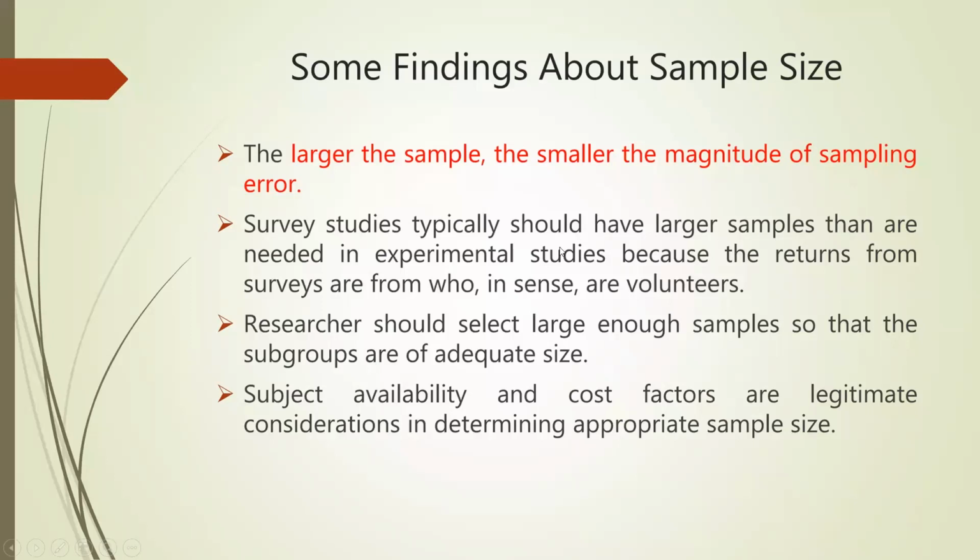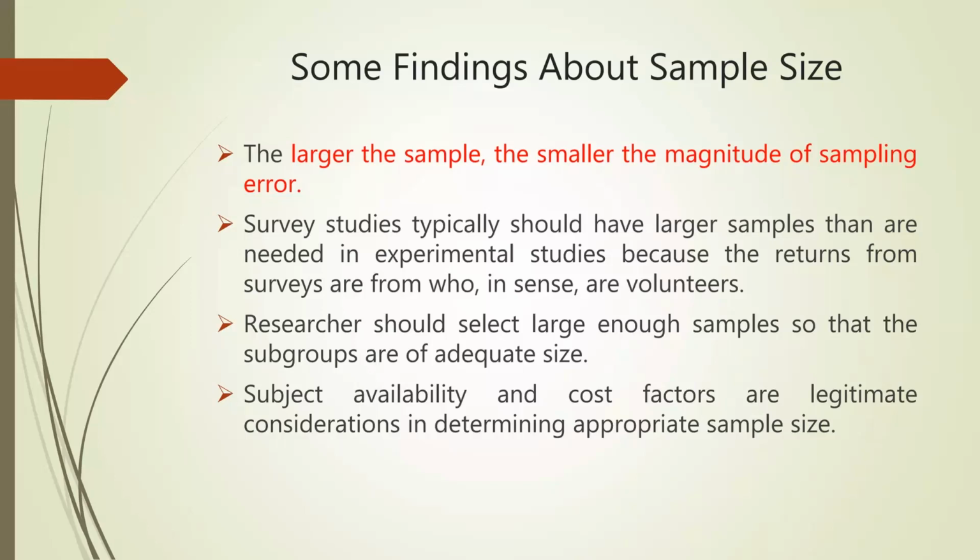Then survey studies typically should have larger samples. For an experiment, 200 samples may be enough, but you make it 400 or 500, because the returns from a survey are from volunteers. So whatever survey you do, it's the volunteers who give you the feedback.